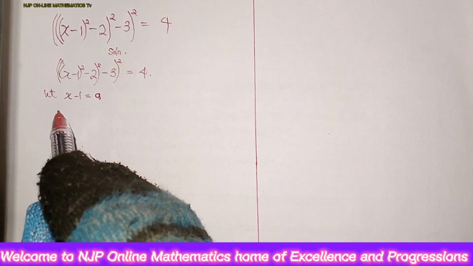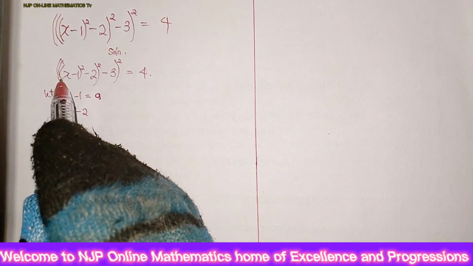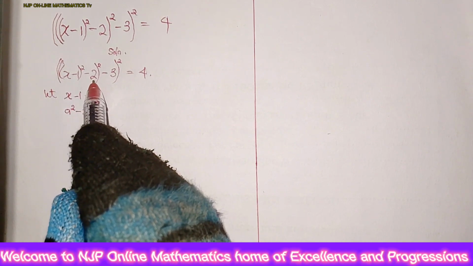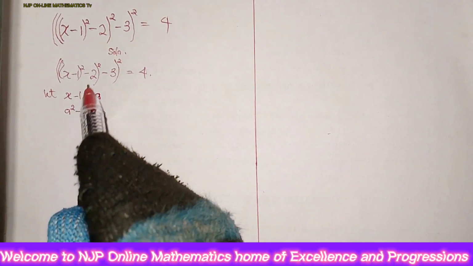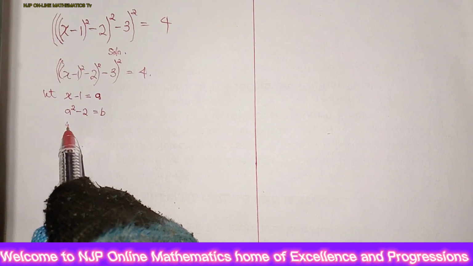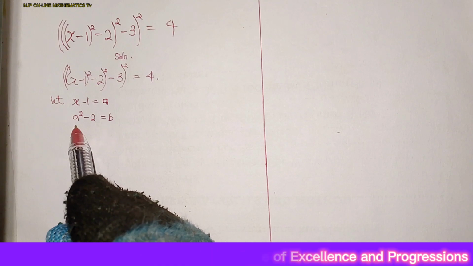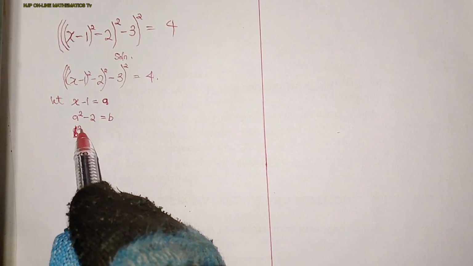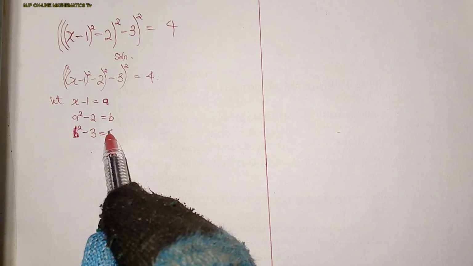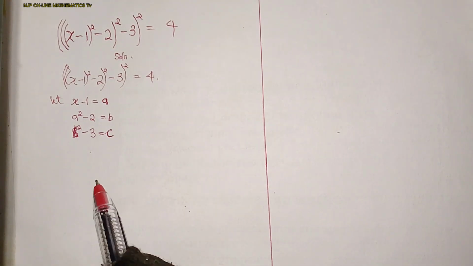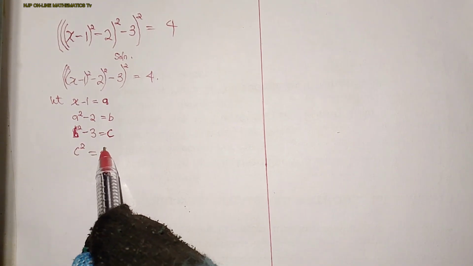We are having that a square minus 2. Let's let the whole of this second bracket equal b, and if we also substitute it there, we are having that b square minus 3 equals c, and finally we are having that c square equals 4.